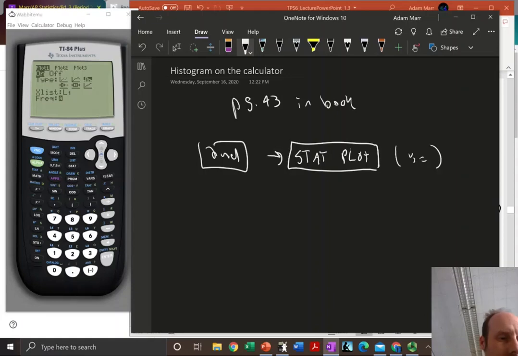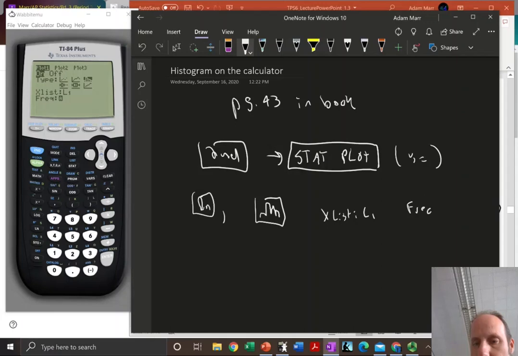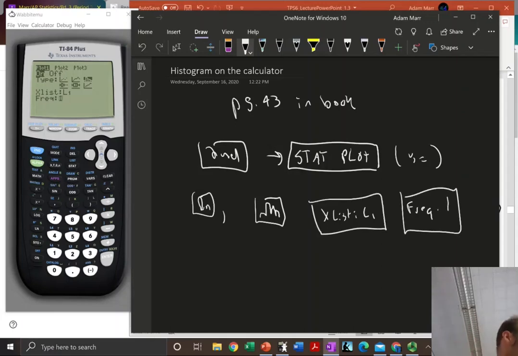And then I entered plot 1. Remember, plot 1 is on. And we want the little picture of the histogram. Sorry about that bad drawing. Then for X list, it should be L1. For frequency, it should be 1. Okay. Very good. Let's go on.